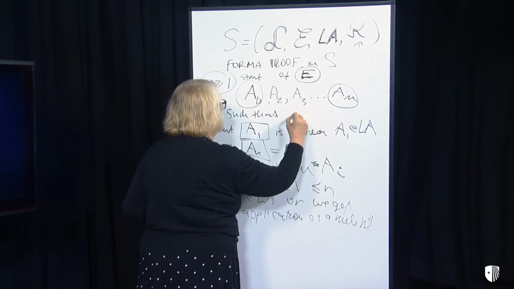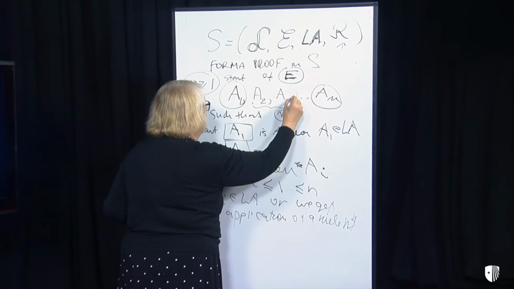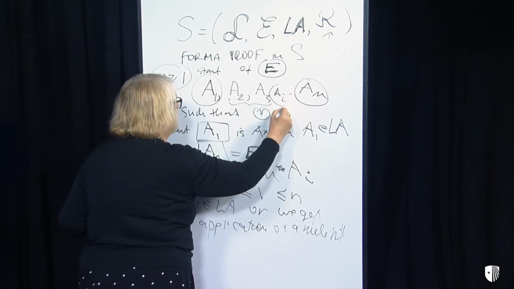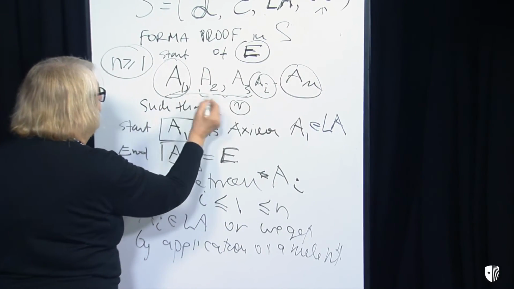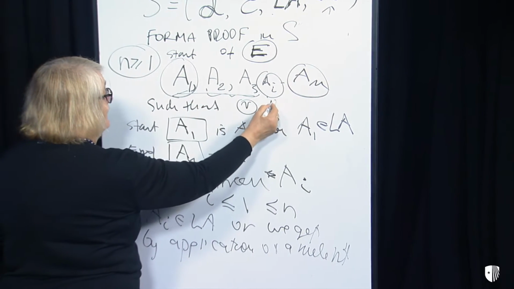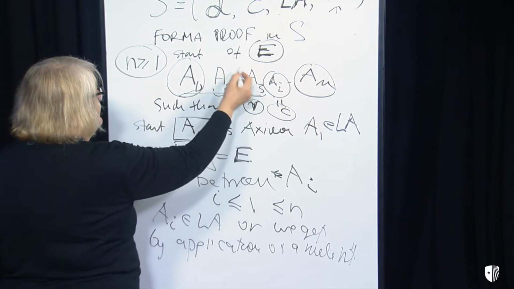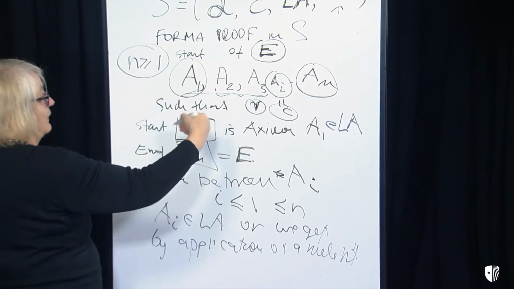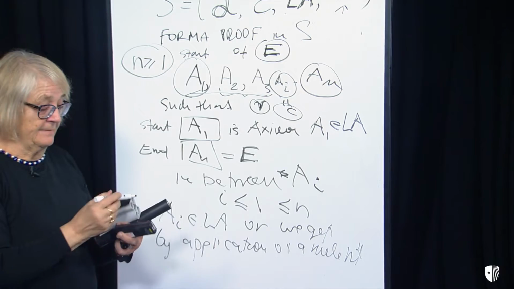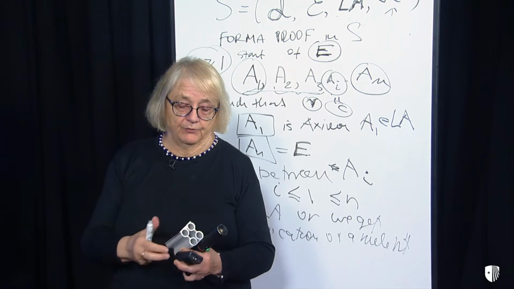So you have a rule of inference, and when you have A_i here, all premises must be located before. So A_i is the conclusion of that rule of inference, and premises must be before, so you construct such a sequence. And n is the length of the proof.